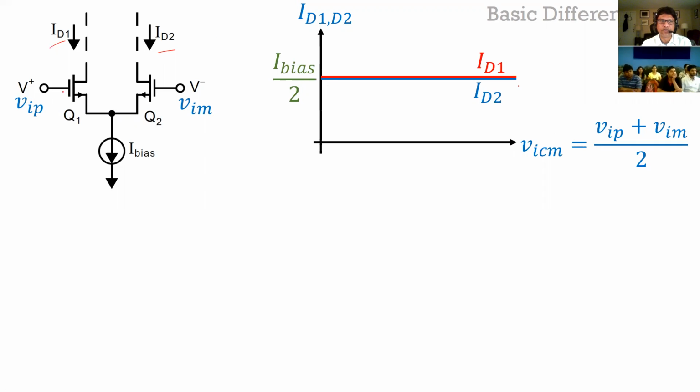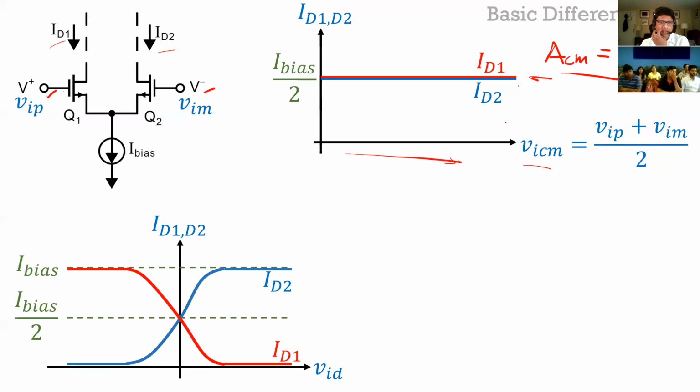Essentially, when the two node voltages, V plus and V minus, move together, you don't want the current to change, because of reasons I had explained, noise immunity and so on. So that's one of the functions. As VICM is increasing, both currents remain fixed. So we had defined the common mode gain as ACM, and you want that to be as close to 0.